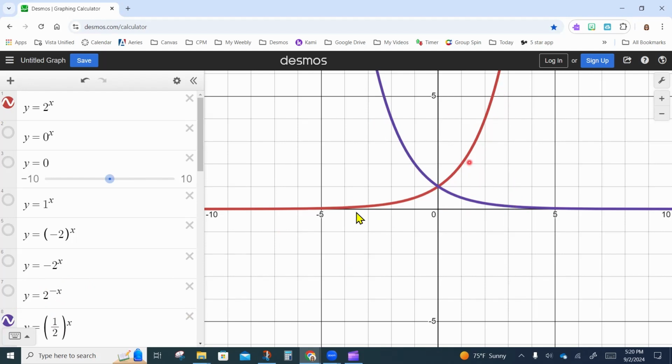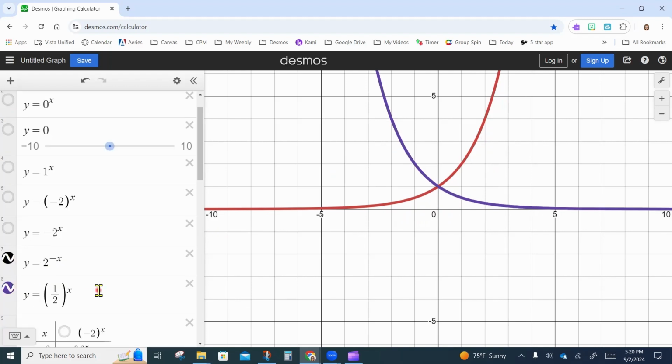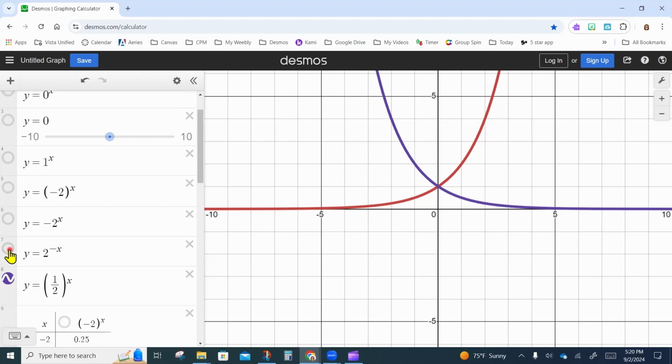Now, when I make my x negative, that means that what I had for my +1 as an output, I'm going to have for a -1 as the output. What I had for a +2 as the output, I'm going to have for a -2 for the output. So when I do this 2 to the -x, you see that it is going to be the same graph.